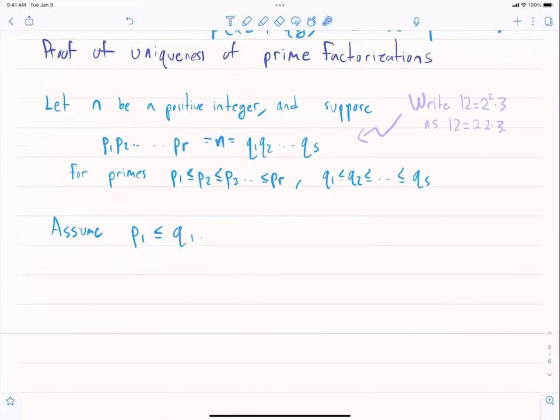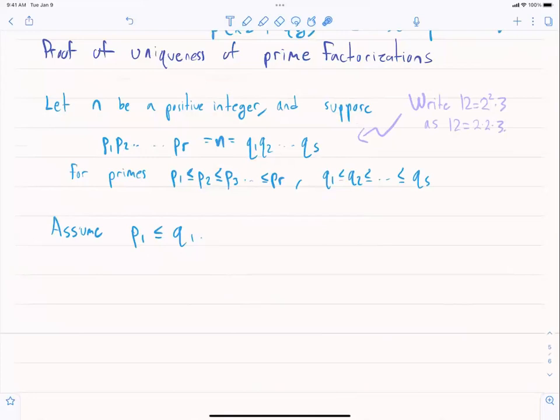So let's do that. Let me suppose I have a positive integer n, and two potentially different ways to factor it as a product of primes: P1 times P2 up through PR, and Q1 times Q2 up through QS.